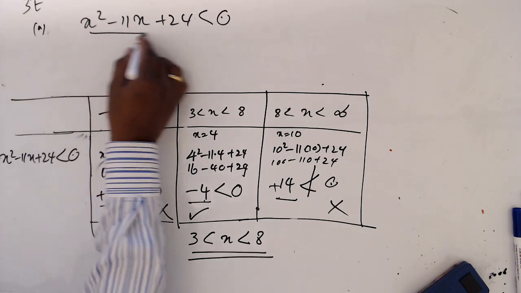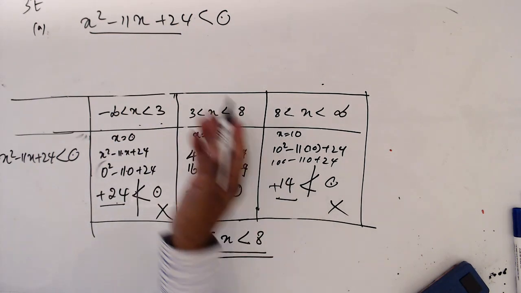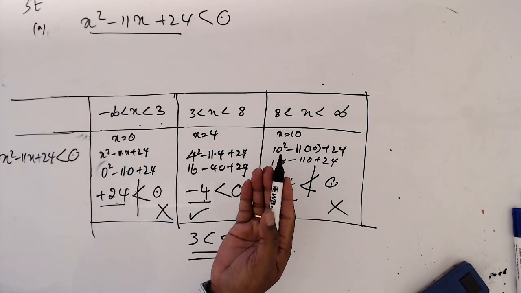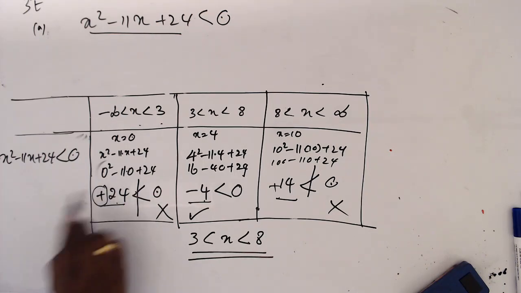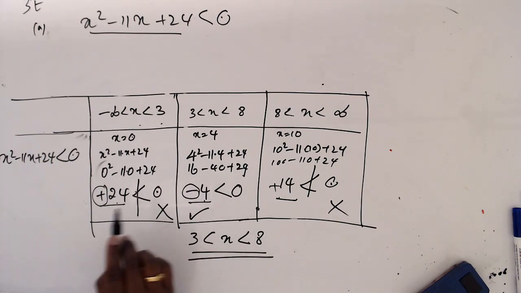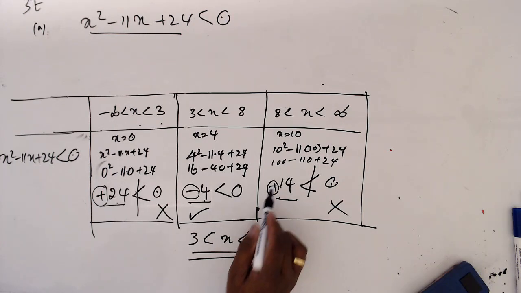If this answer is negative, it matches the inequality. If the answer is positive, it doesn't match. So this answer is positive, it doesn't match. This answer is negative, it does match. This answer is positive, it doesn't match.